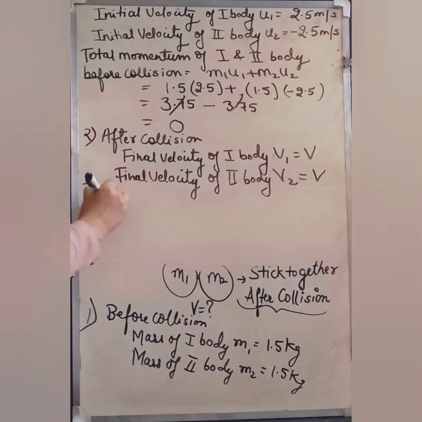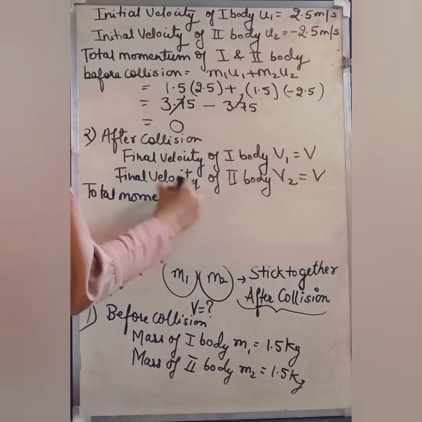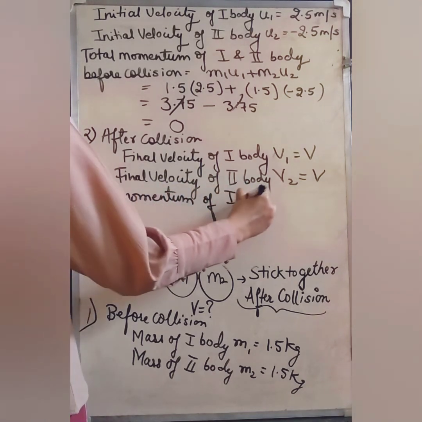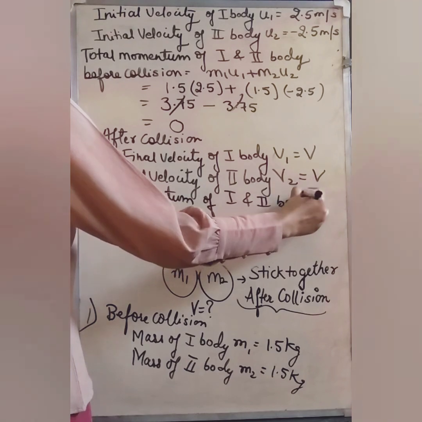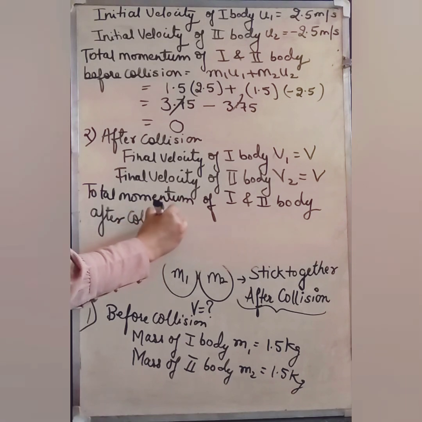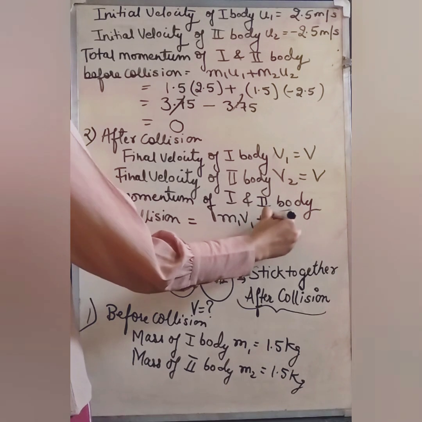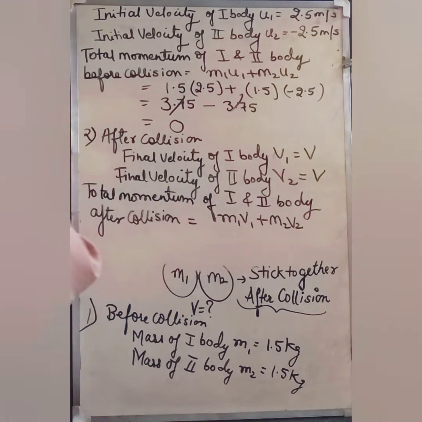So total momentum of first and second body after collision is m1 v1 plus m2 v2.